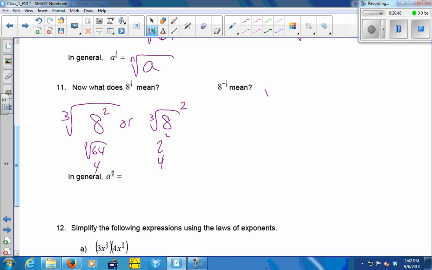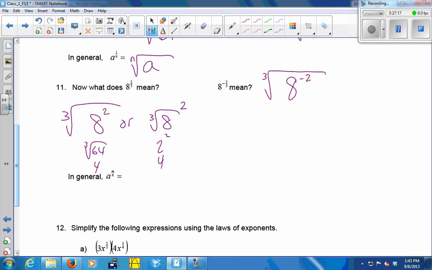Okay, so 8 to the negative 2/3, you said it's the cube root of negative 64, and the way you got that is you said, well, it's 8 to the negative 2, right? Is that what you pictured in your head? Okay. All right, what is 8 to the negative 2? Close. Not the square root of, but... Oh, sorry, the square. The square.